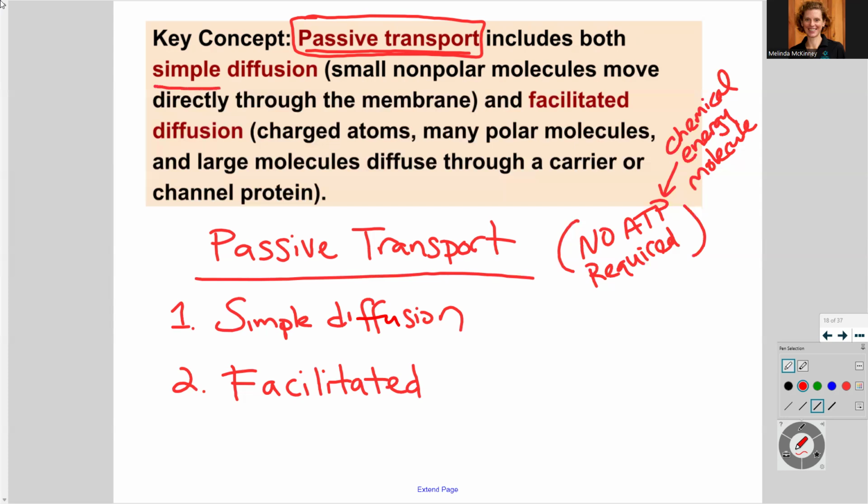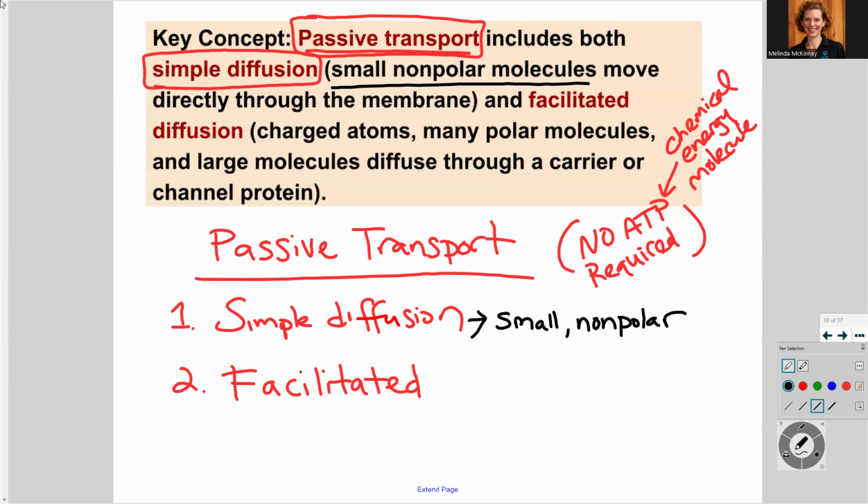So in simple diffusion, the type of molecules that go through include small nonpolar molecules, right? So they're small and they're nonpolar, so they're not charged and they don't have any charge imbalance, right?